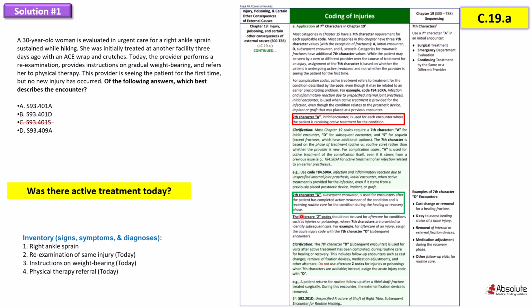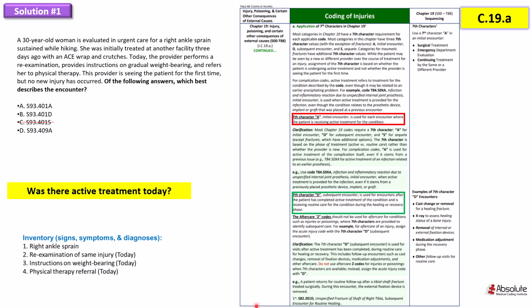Okay, coders, this sounds like we are in the subsequent encounter phase or the healing phase. And here are some examples of seventh character D encounters: cast change or removal, X-rays to assess healing status of a bone injury, removal of internal external fixation devices, medication adjustments, and other follow-up visits for routine care and referrals.